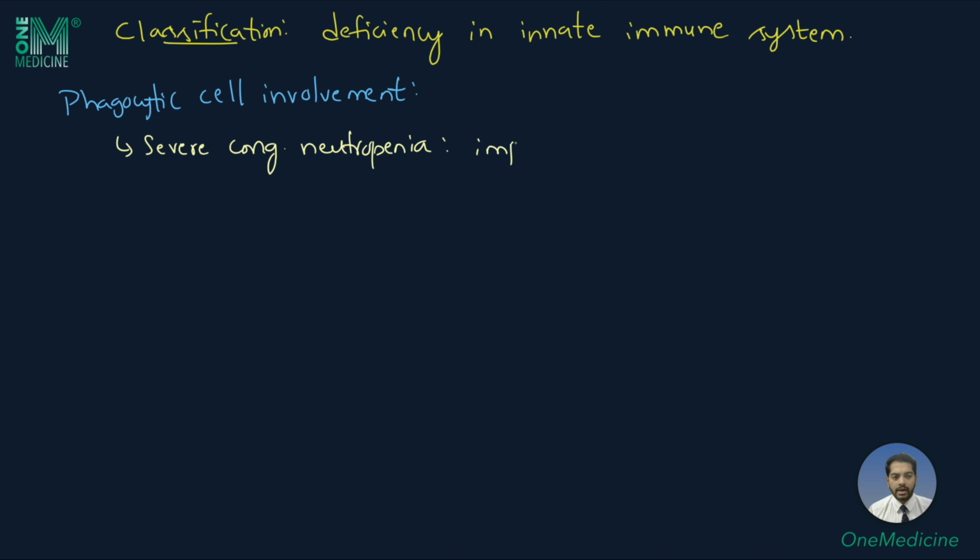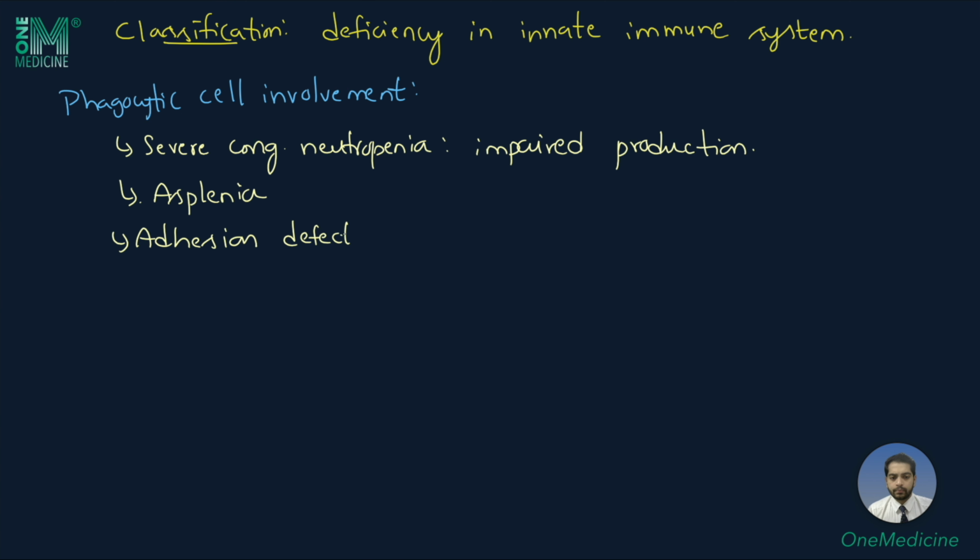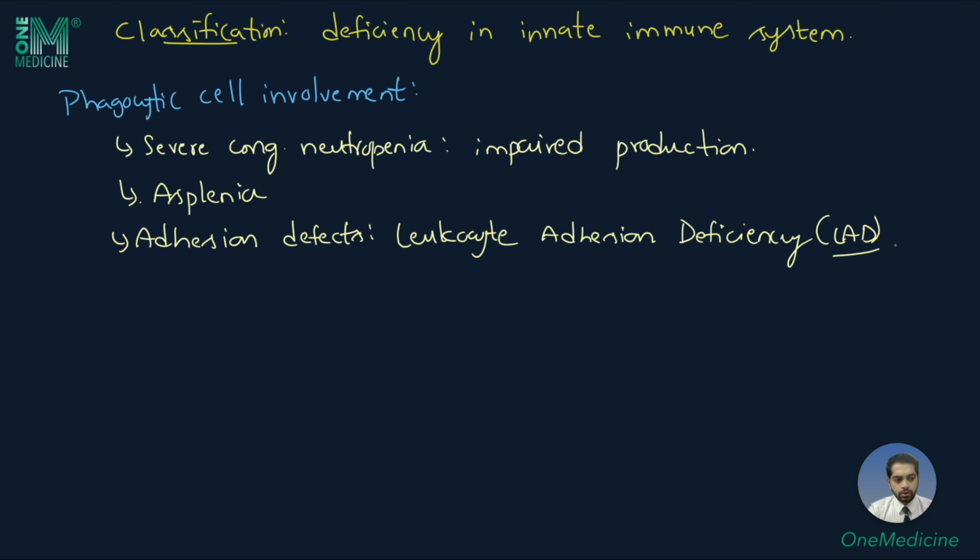There is impaired production of phagocytic cells. Other conditions with involvement of phagocytic cells include asplenia. There can be adhesion defects in leukocyte adhesion deficiency, written as LAD in short.